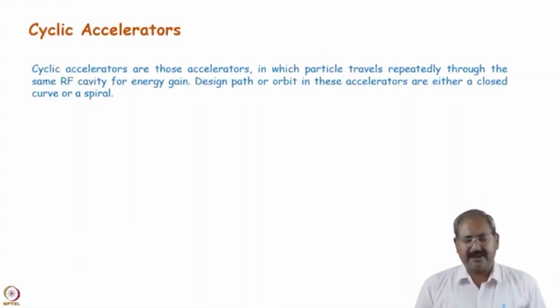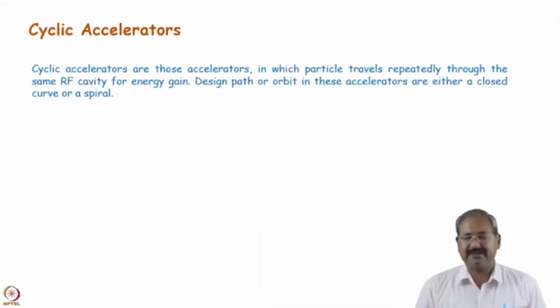So after getting the energy, if we again send the particle into that cavity, then the same cavity can be used repetitively for energy gain. And the problem of length of the linear accelerators can be solved. Means we can make compact accelerators using this technique.